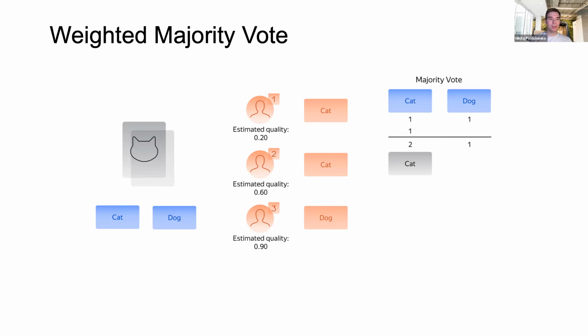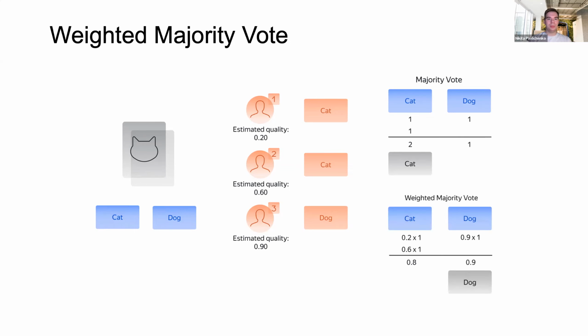But in most cases, these skills are just the accuracy on the golden tasks. And then you weight each response by this skill. And then you select the response with the largest total weight.